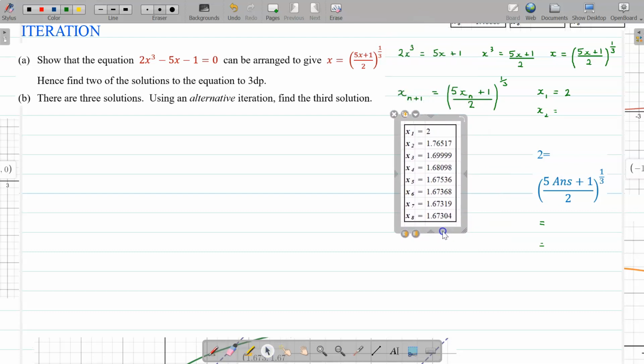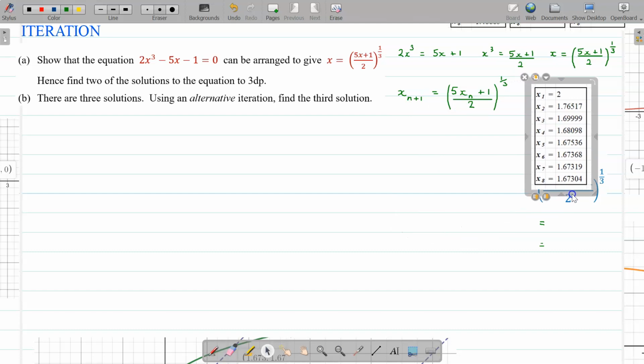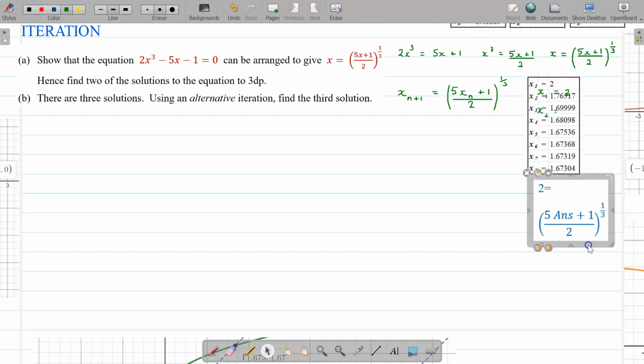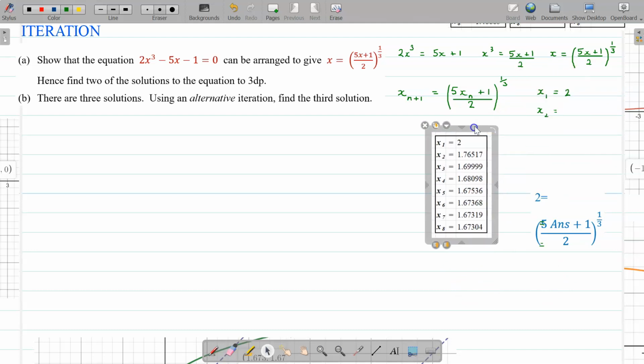Now, to save time, I've gone through this process already, and this is what happens for this first iteration. So x1 was 2. I'll put that over the top of this here, and I'll just move this down out the way. Okay, so x1 was 2. I'll just take that stuff out of the way. As you can see, it goes closer and closer to the root.